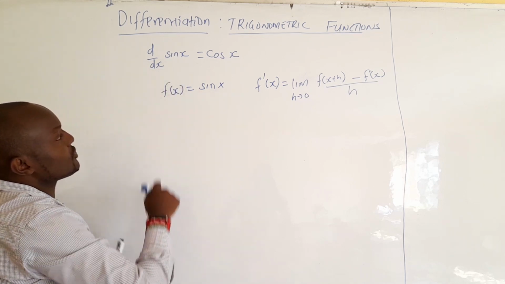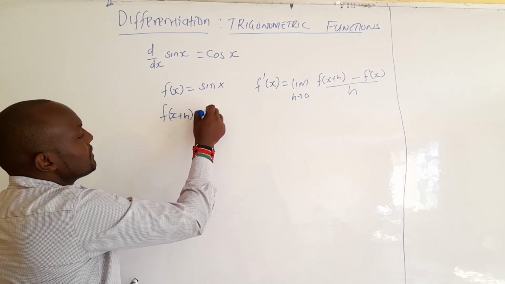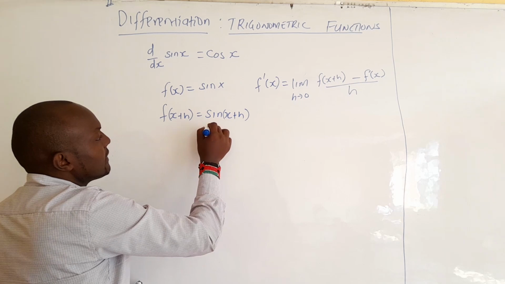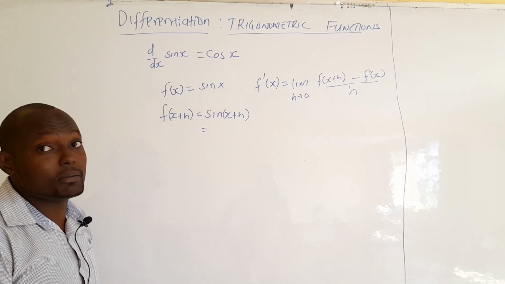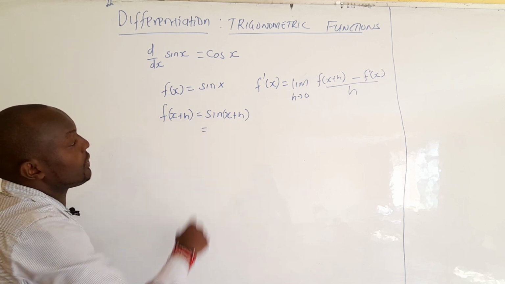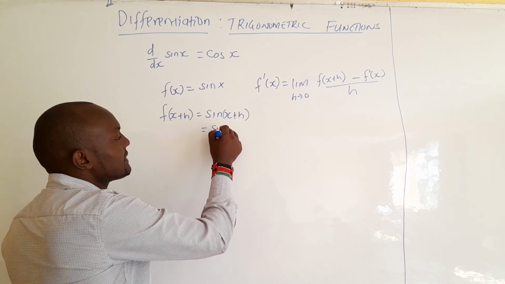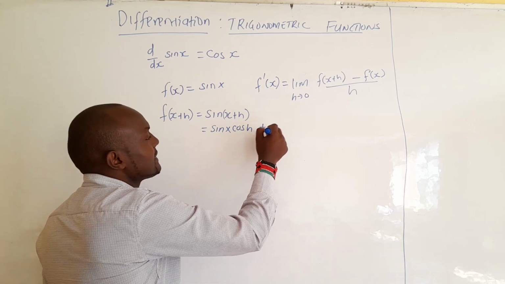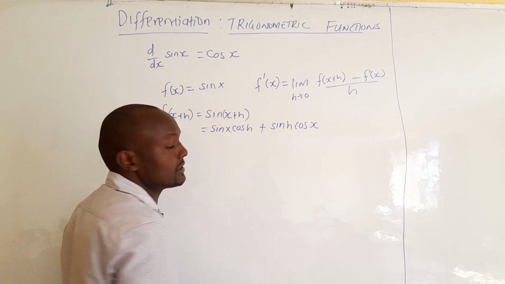Whenever I want f of x plus h, this will be the same as sine of x plus h. We can expand this based on our trigonometry from the previous class. This will be the same as sine x cos h plus sine h cos x.